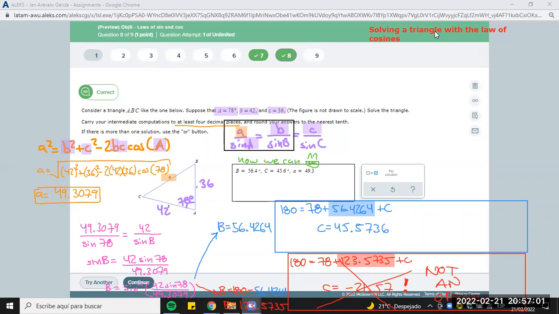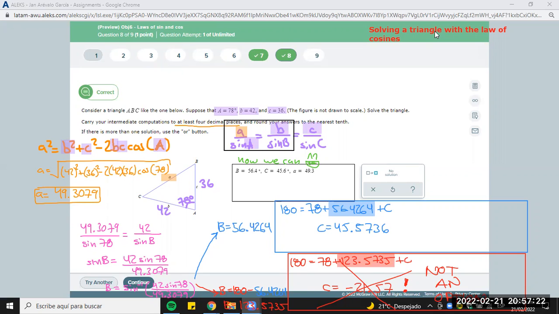So the first thing we're gonna do is applying cosine law to get this lowercase a, the side a, and that is in green. It is good that I used these colors for guiding.